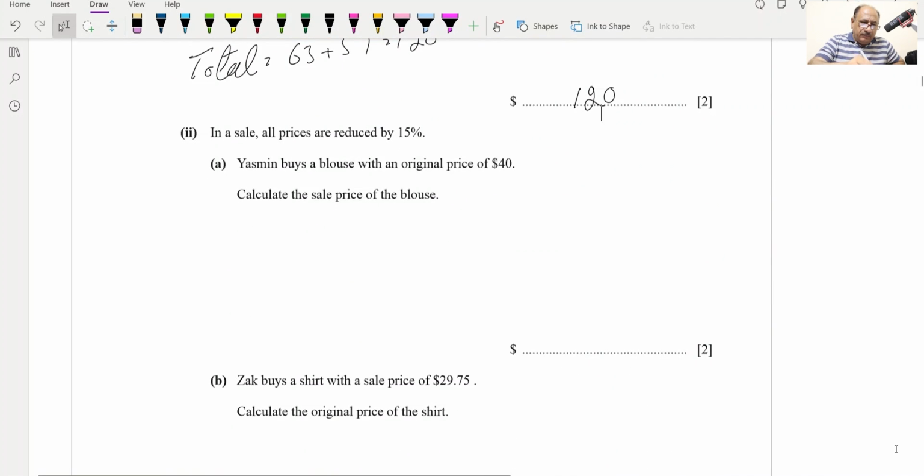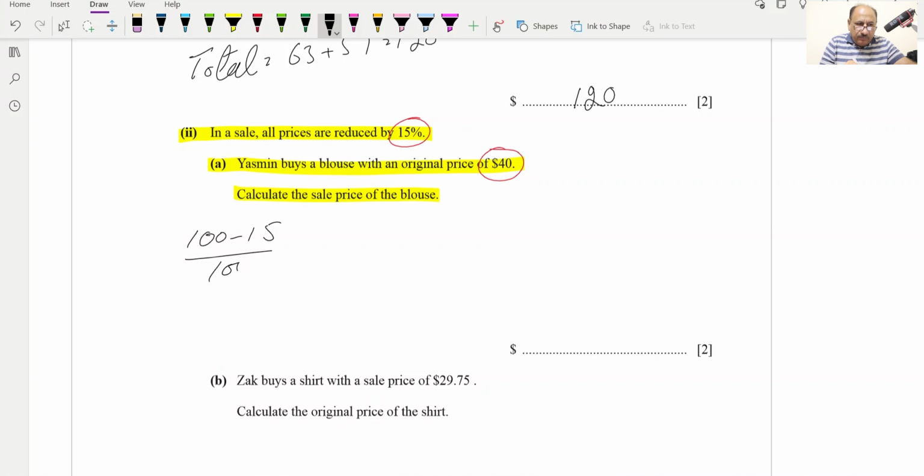Now, second part: in a sale all prices are reduced by 15%. So there is a 15% reduction in price. Yasmin buys a blouse with an original price of $40. So the original price is 40 and there is a 15% discount on that. Calculate the sale price of the blouse. So it will be 100 minus 15, as it is a reduction, divided by 100.